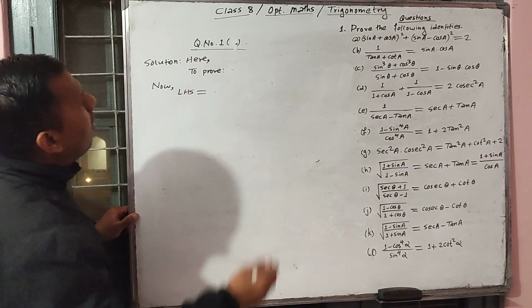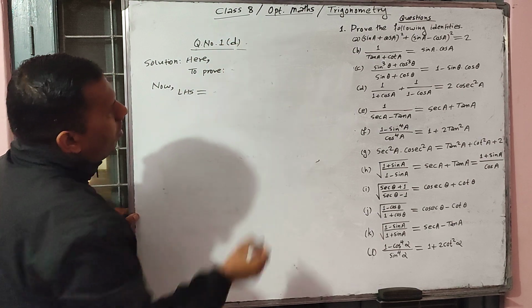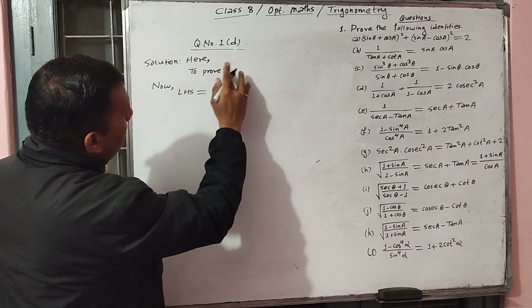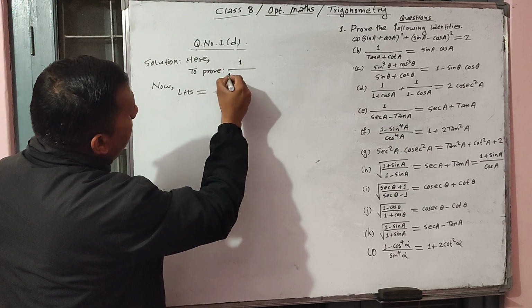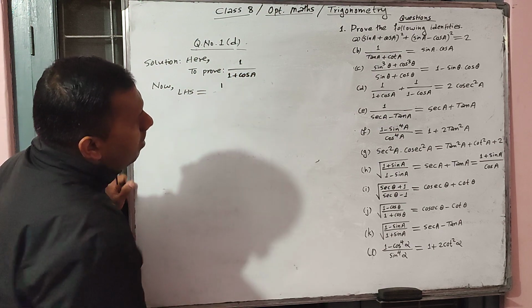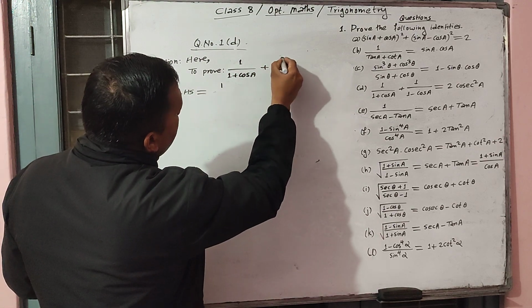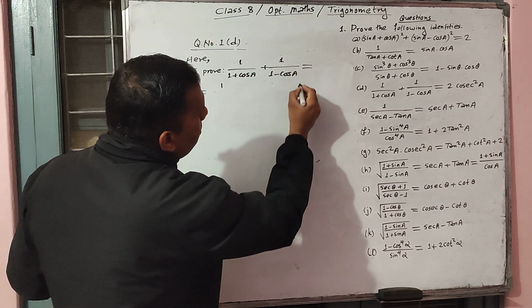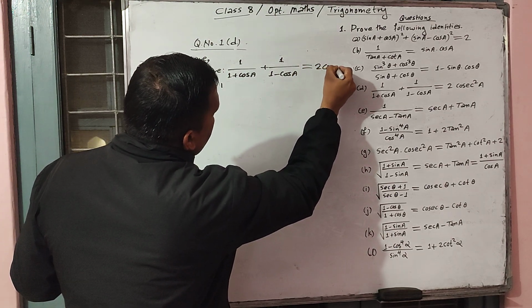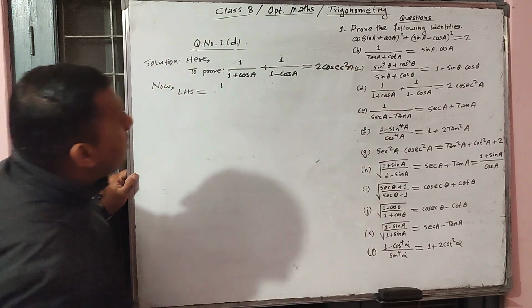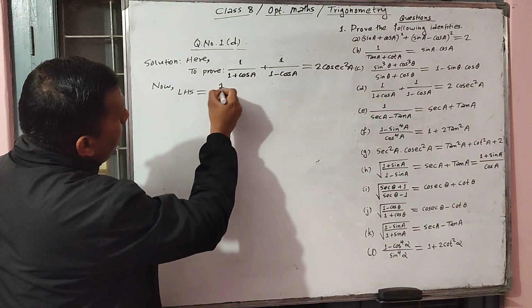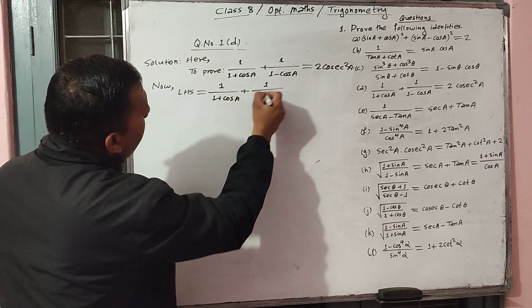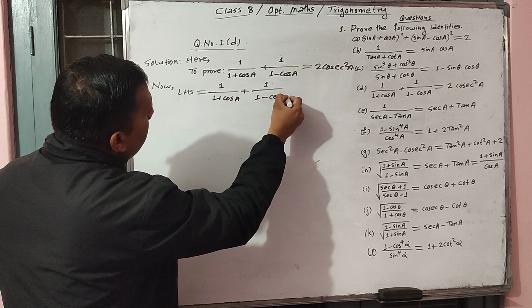On 1D, we have to prove 1 upon 1 plus cos A plus 1 upon 1 minus cos A equal to 2 cosec square A. Start from the LHS. We have 1 upon 1 plus cos A plus 1 upon 1 minus cos A.